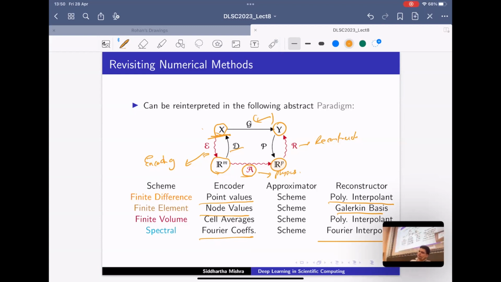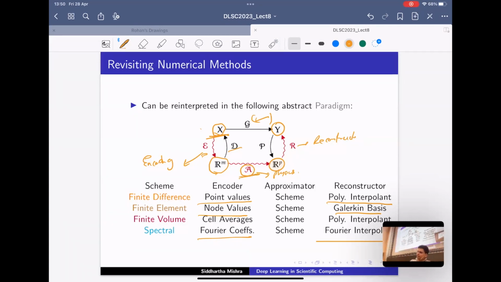We don't know what the processing is going to be. In particular, we only have data. We don't necessarily know the physics. Just remember that at the end of the day, I have been given data and I'm going to interpolate that data. And we don't know what these encoding and reconstruction operators are. These are things that we are going to learn from the data.